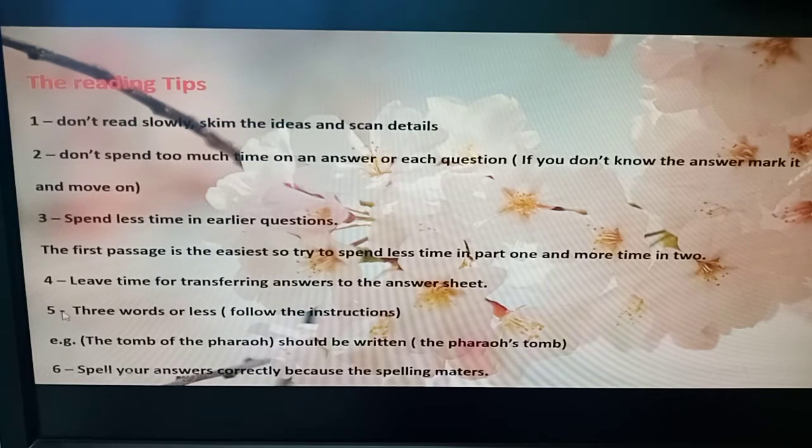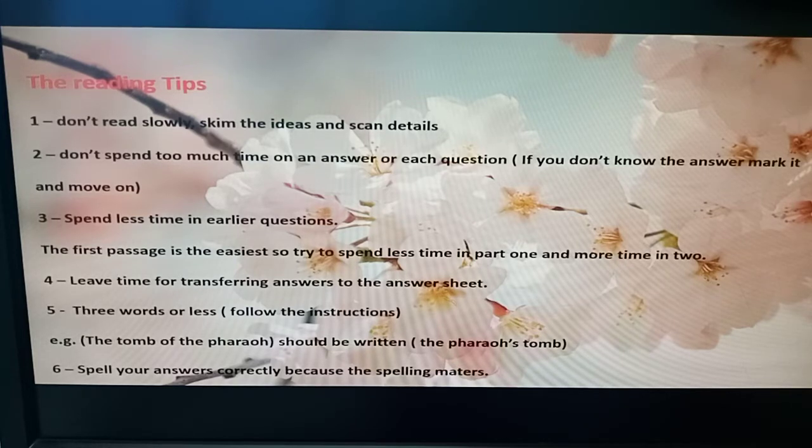Number 5, 3 words or less. What does it mean? Three words or less means follow the instructions. Before you start answering the questions, first of all, with any question there should be an instruction that you have to follow.